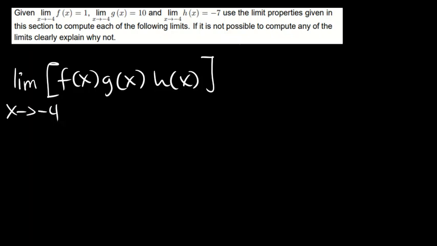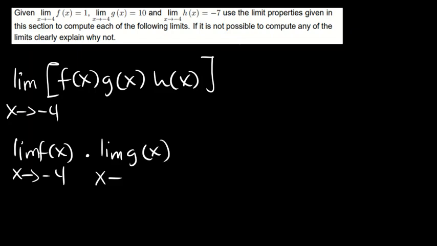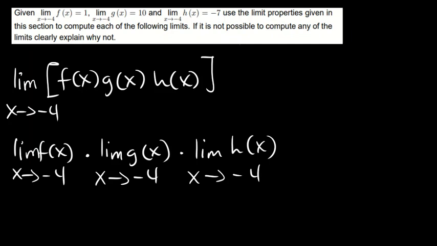From the limit properties we can rewrite this as the limit of f of x as x approaches minus 4, multiplying the limit of g of x as x approaches minus 4, multiplying the limit of h of x as x approaches minus 4. This is what you are going to have.